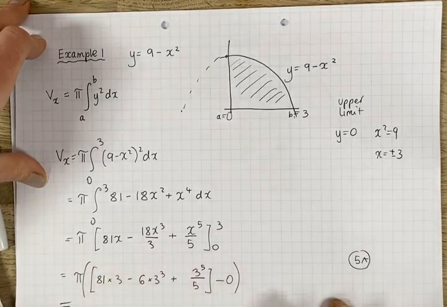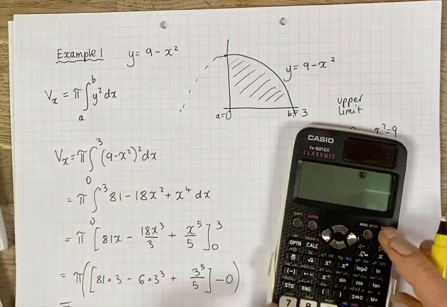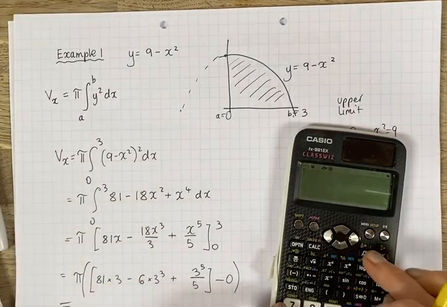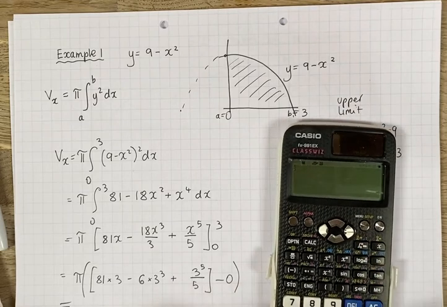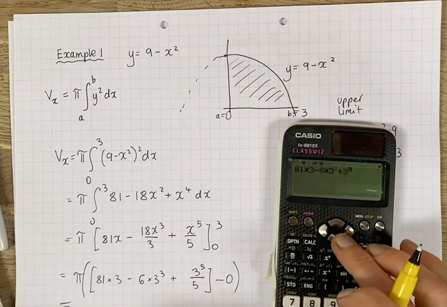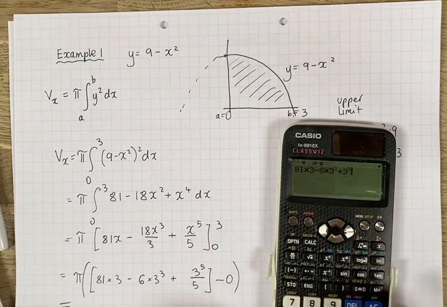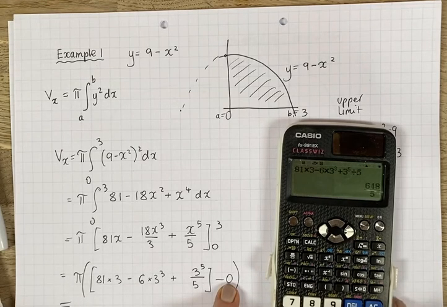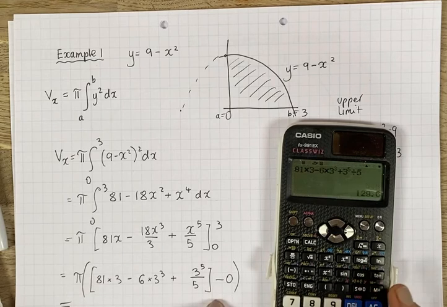Okay, so let's use a calculator to work it out. So it's 81 times 3 minus 6 times 3 cubed plus 3 to the power 5 divided by 5. Obviously, if I had to evaluate a lower limit that wasn't 0, I would be using the ANS key and then changing the input.